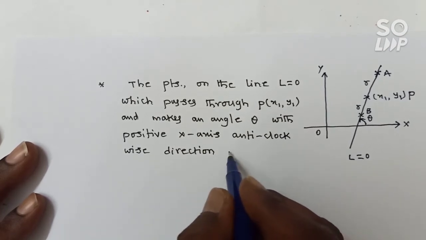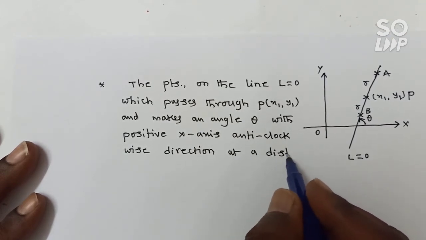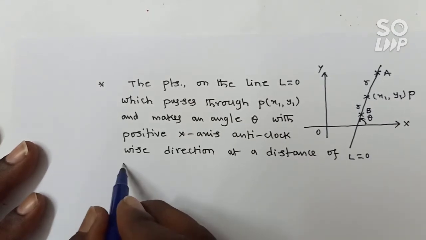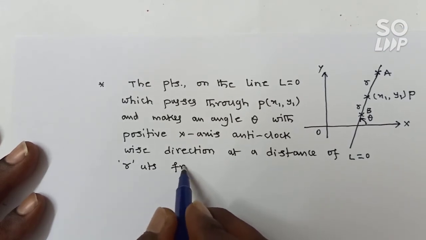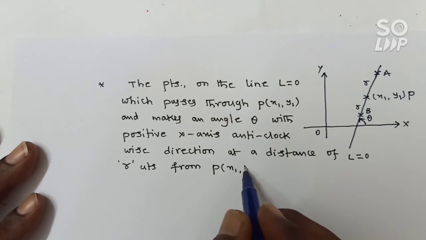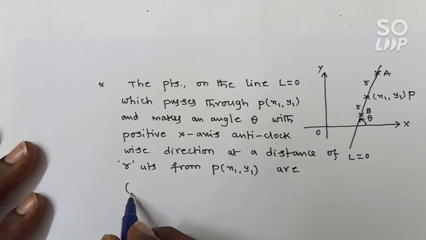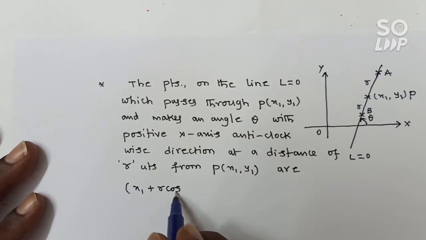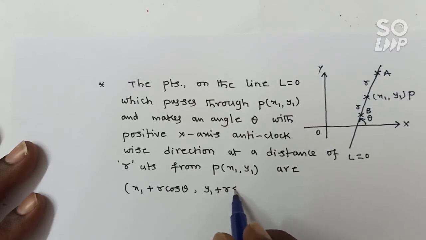At a distance of r units from P, where P equals x1 comma y1, one point will be x1 plus r cos theta comma y1 plus r sin theta.